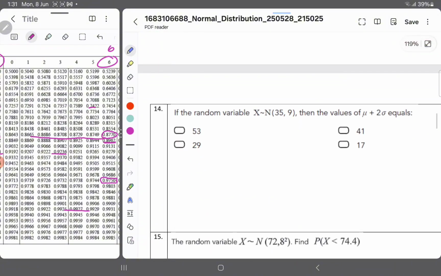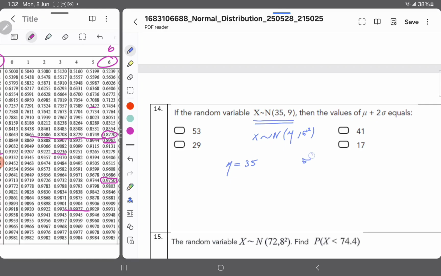In the next question, the random variable x is distributed normally with 35 and 9, and we want the values of mu and sigma. The variable here is x. It's not standardized. So we always write the mathematical notation x distributed normally with mu and sigma squared, to compare that with the given and state the values. What is the value of mu? It's 35.